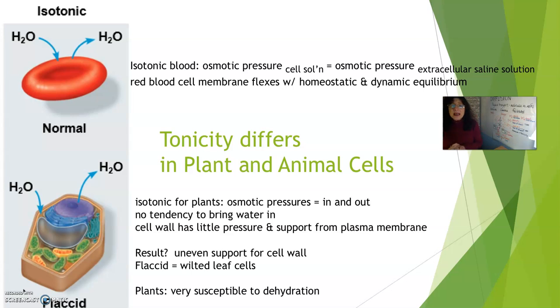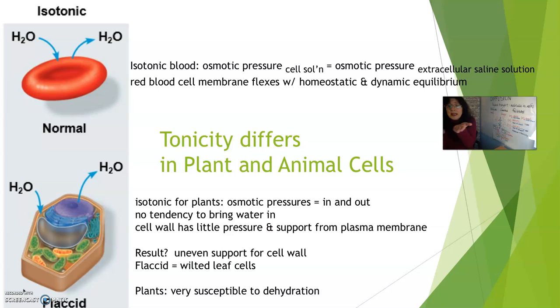And if it is in an isotonic environment, where the concentration of solutes inside the red blood cell and the concentration of solutes in the extracellular solution is equal, then you're going to have a homeostatic environment where water can come into the red blood cell and water can go out of the red blood cell, and come in and go out.